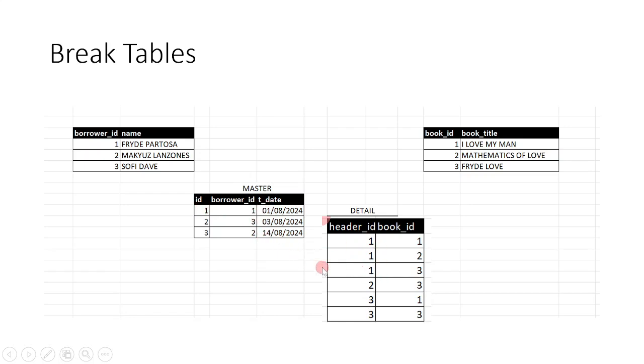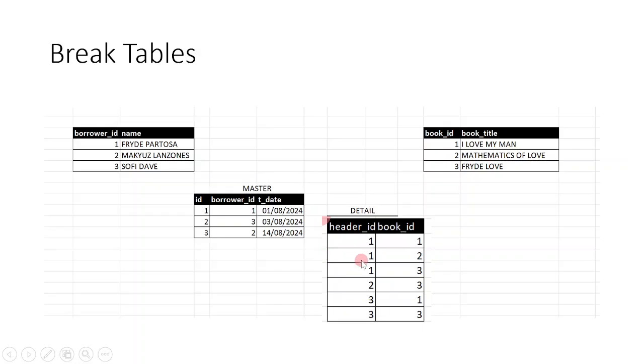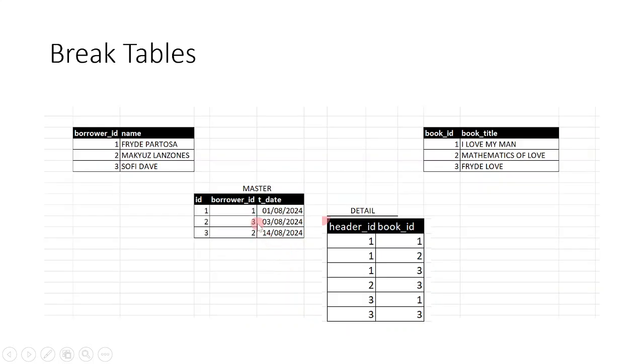Then header number 2 has only one. This 3 here, by the way, is not this one here, but it is the book, this one here. And it is the borrower number 3, and he borrowed book number 3. Then for header number 3, we have 1 and 3.